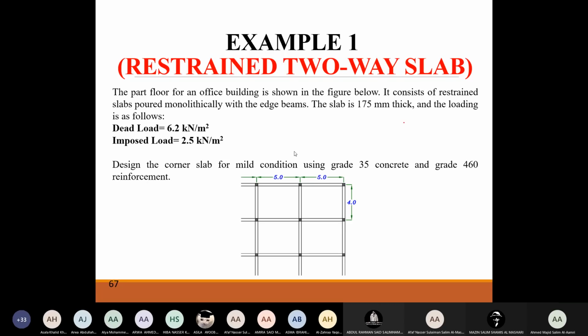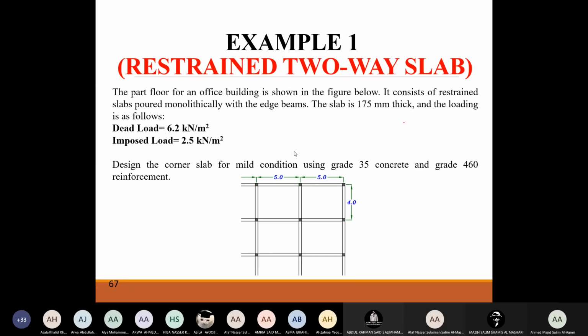Now, when we talk about a slab, how is it possible to fail? What are the possible failures of the slab?